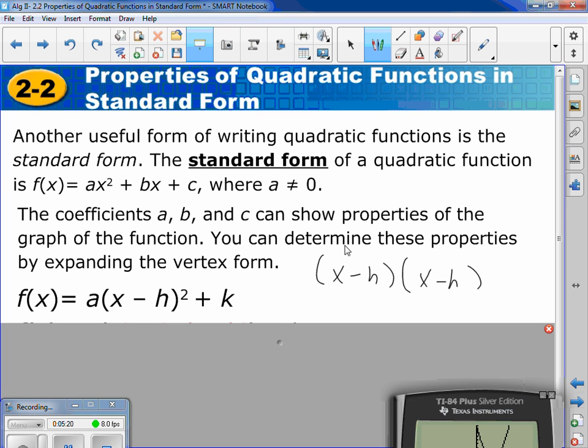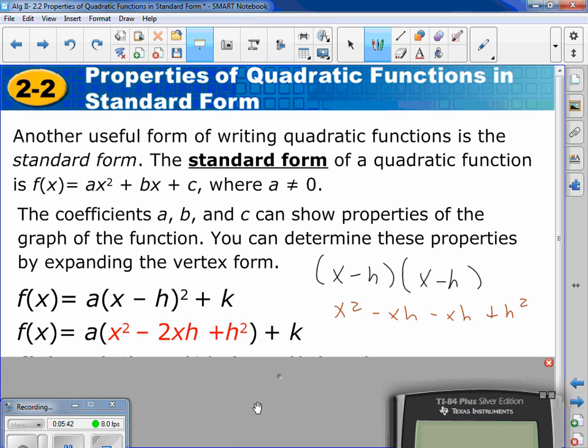Now if I were to FOIL this, x times x, x squared, x times negative h, negative xh. Negative h times x, negative xh. Negative h times negative h is positive h squared. The negative xh and the negative xh become negative 2xh.